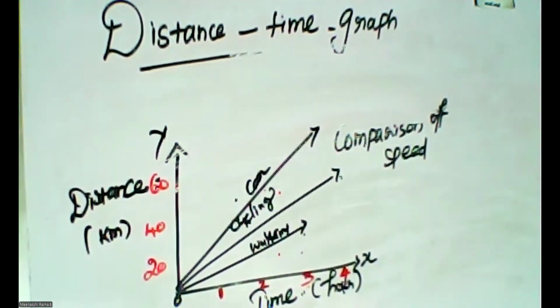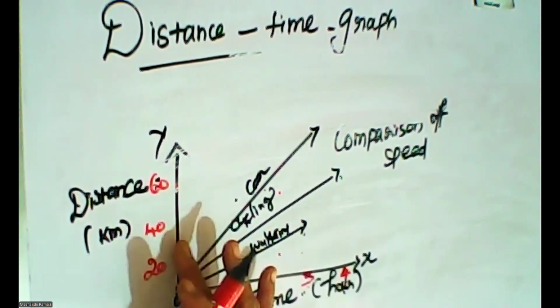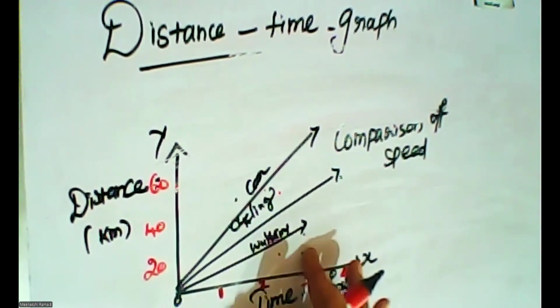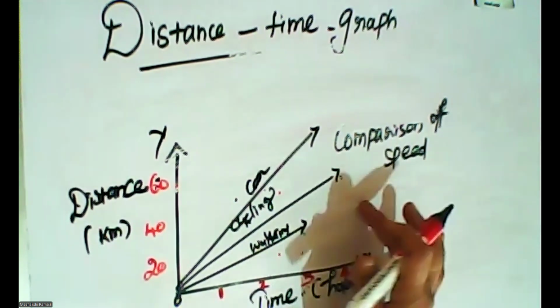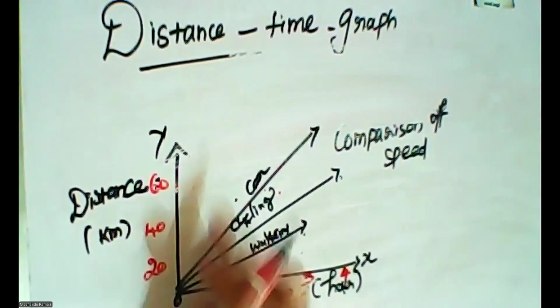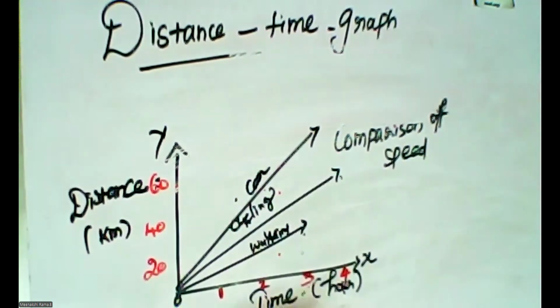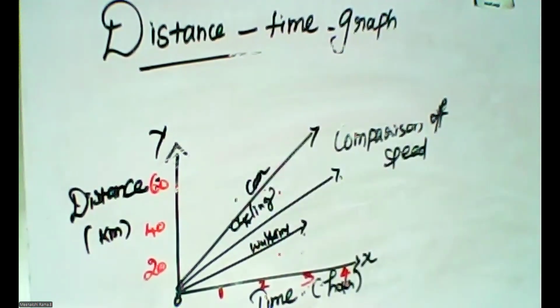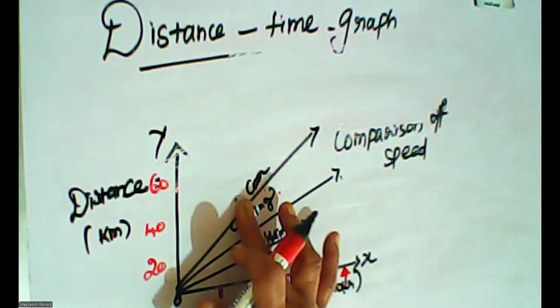In the comparison, walking means that person crosses only 20 to 25 kilometers in 3 hours, and the second person crosses nearly 50 kilometers within 4 hours. The car crosses more than 60 kilometers in that period. This is the highest speed.